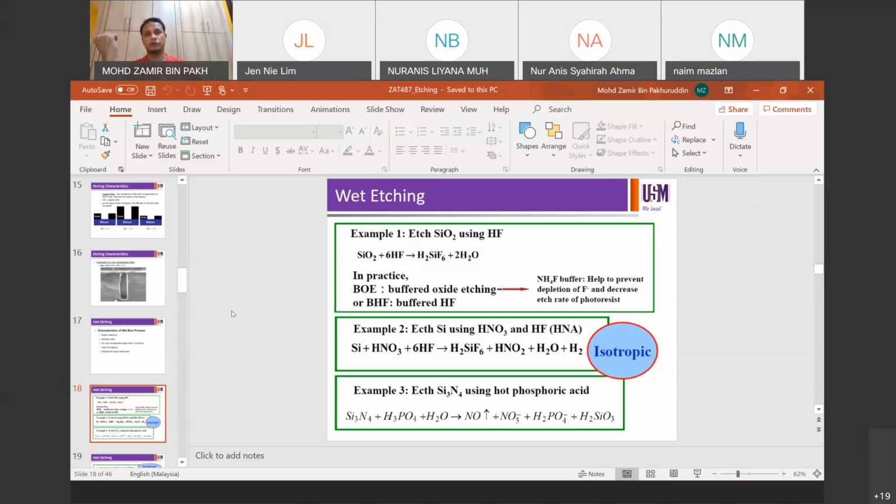So what you have to do is pick your silicon wafer, then dip it with the native oxide into HF for maybe a couple of seconds. When you soak it and then pick it up instantly, you will see that the surface is hydrophilic in nature.